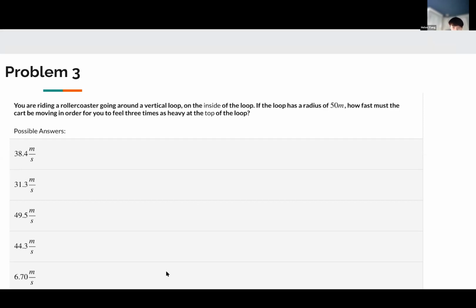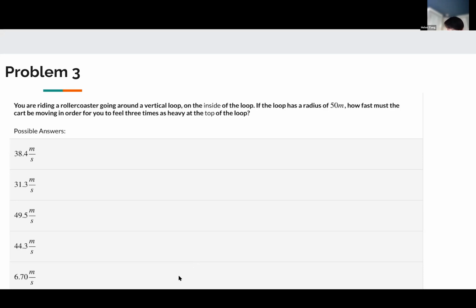For this question, it says you are riding a roller coaster going around a vertical loop, on the inside of the loop. If the loop has a radius of 50 meters, how fast must the car be moving in order for you to feel 3 times as heavy at the top of the loop?